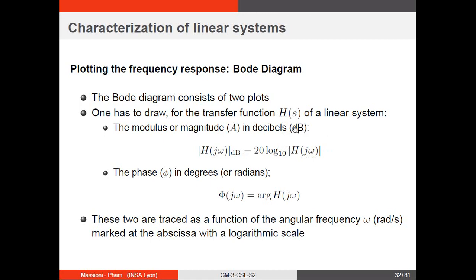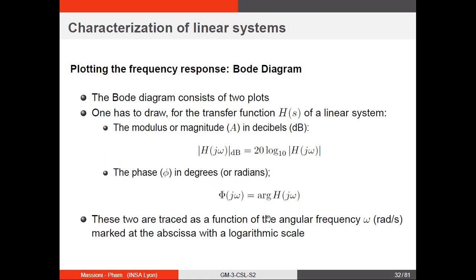So we are content to visualize only h of j omega. The problem is that h is a complex function, so it has a real and imaginary part, or if you wish, a modulus and an argument. That's why the Bode diagram contains two plots. If you want to visualize h of j omega in its entirety, you need to plot the modulus and the phase.